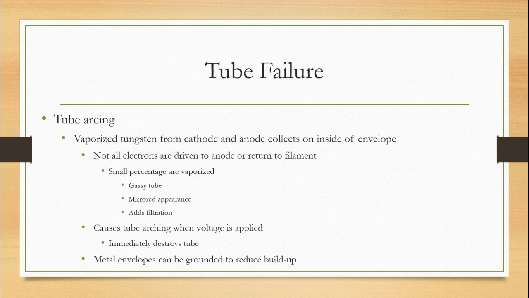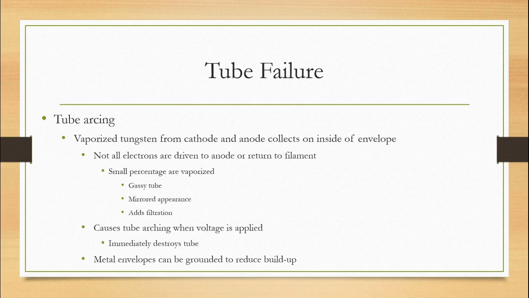So, tube failure. We have several reasons why the tube fails. One of them is tube arcing. So the vaporized tungsten from the cathode and the anode collects. So the anode does vaporize also. So the tungsten within the cathode and the tungsten within the anode will vaporize. So it collects on the inside of the envelope. So not all electrons are driven to the anode or returned to the filament.